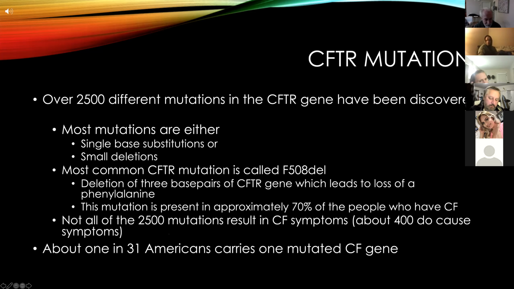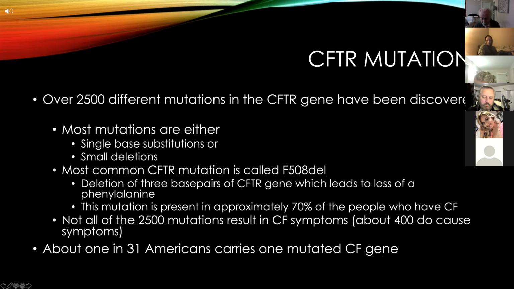Now, you have this large number, 2,500 mutations that are possible, but most of them do not result in symptoms. Only about 400 of the 2,500 actually cause disease. About 1 in every 31 Americans carries a mutated cystic fibrosis gene.